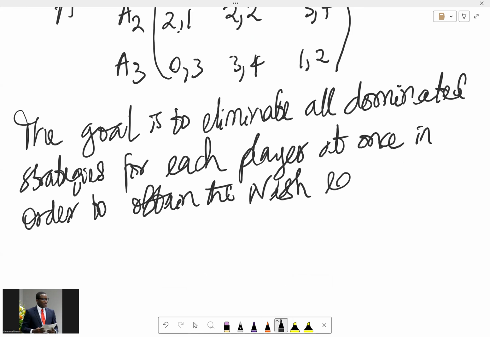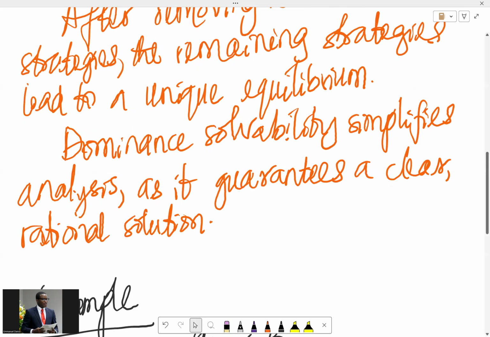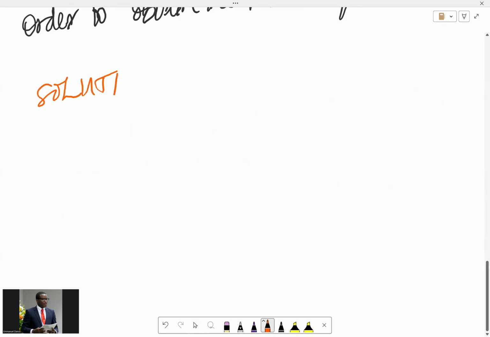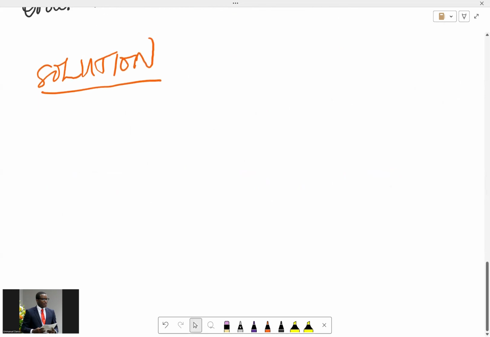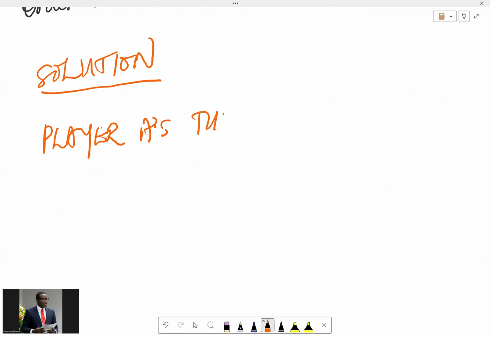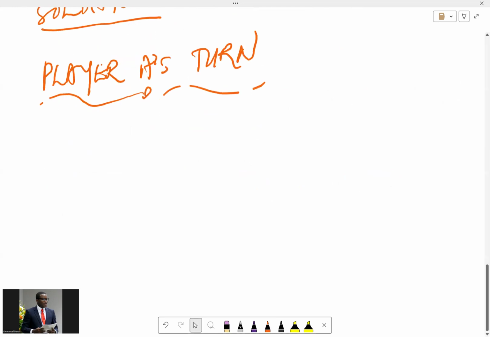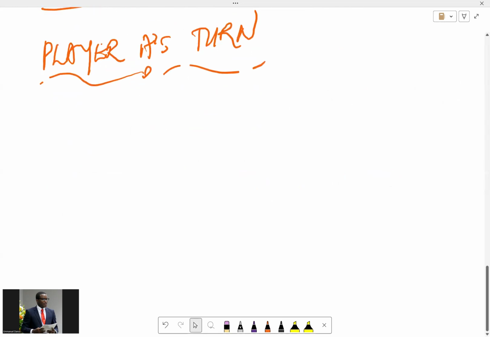Okay, let's go ahead and solve. Solution: we have just two turns there. We have player A's turn. Player A emerges, plays his game, I mean, eliminates all the dominated strategies and walks away.